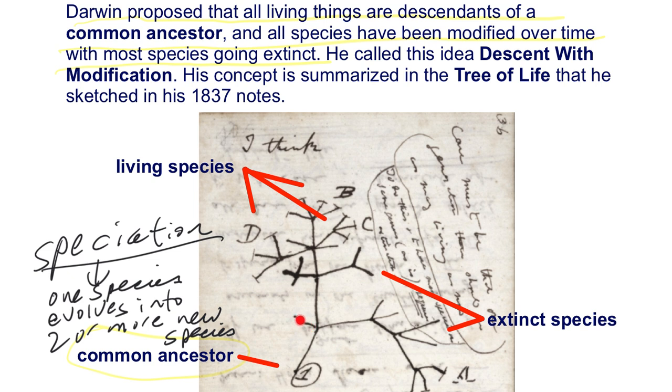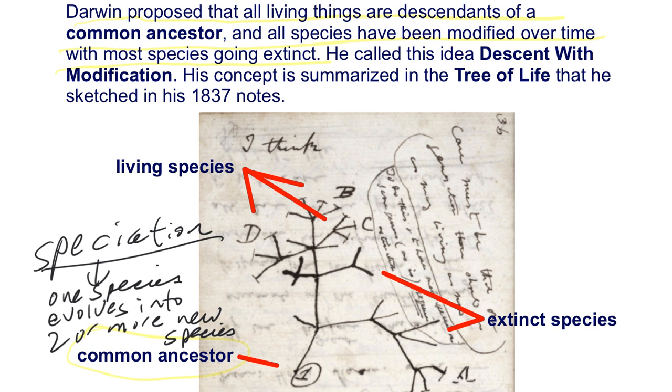Now, this species went extinct because I don't see it continuing. Maybe. This species that evolved from number one branched off into three species. This species right here branched off into two. Then one branched off of there. Each time you get a new branch, that's a new species.